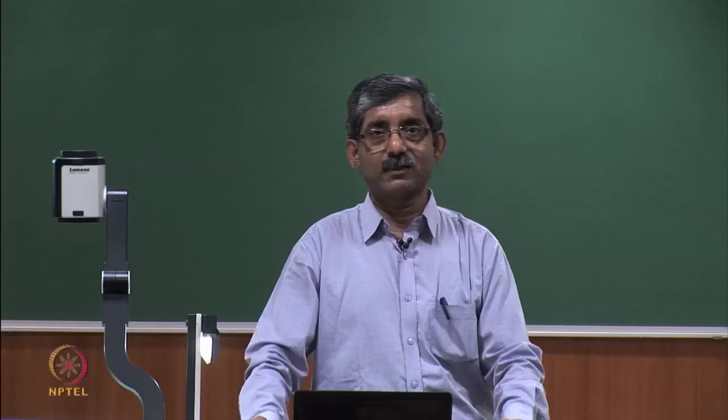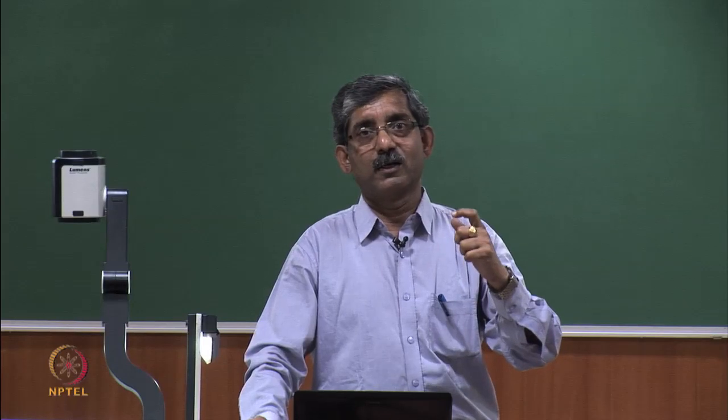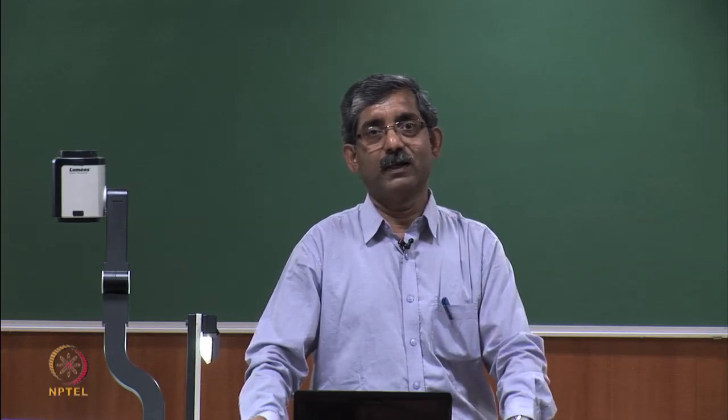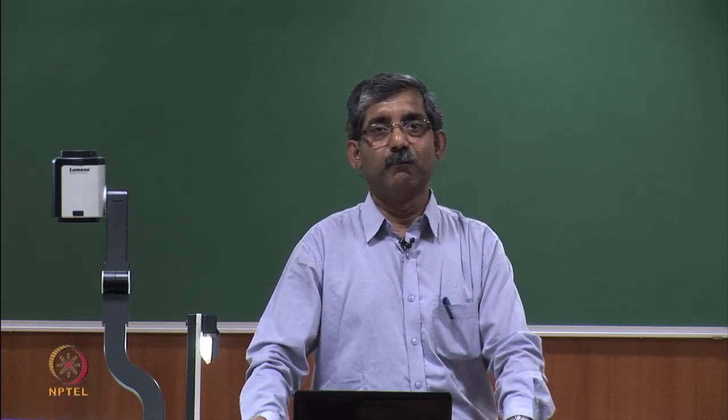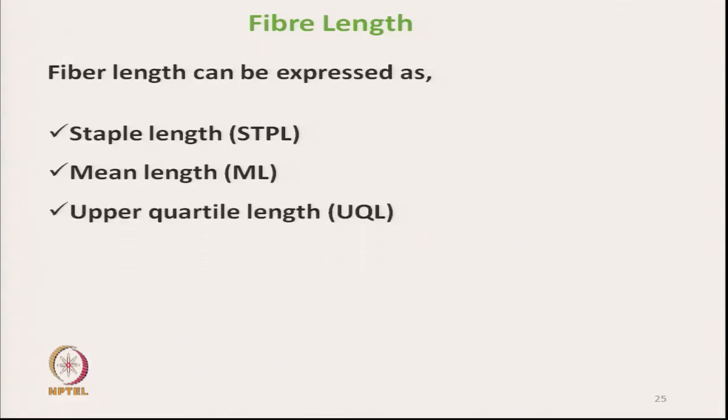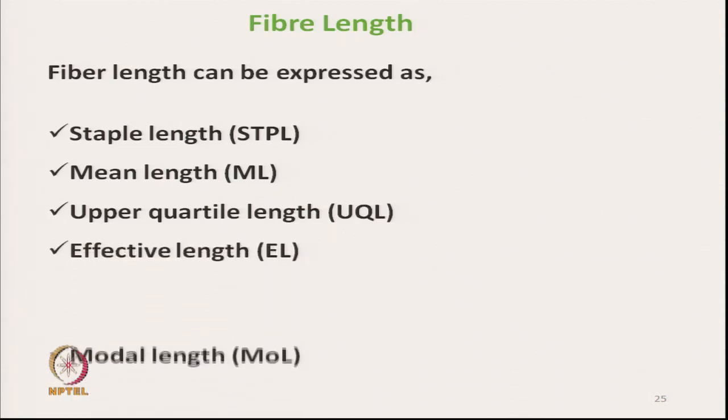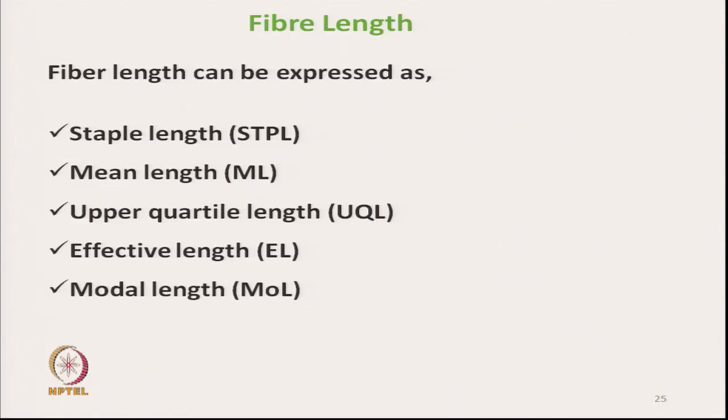Fiber length can be expressed in terms of staple length. Staple length means it is not continuous fiber, it is a short fiber. Then mean length, upper half mean length, upper quartile length, effective length, modal length.